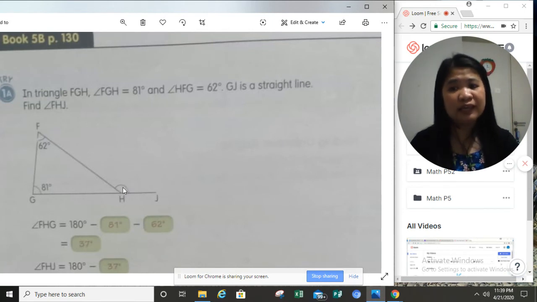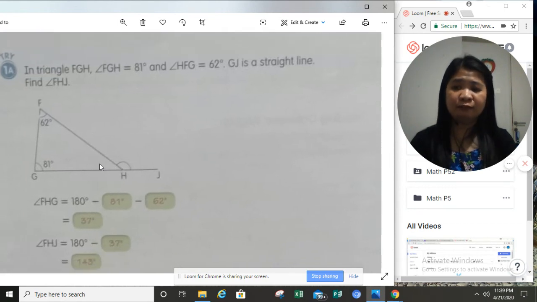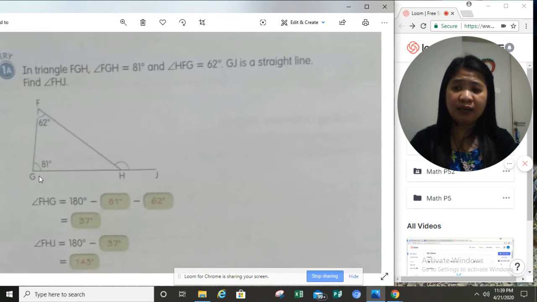FHJ is the angle that we need to find out. To find this angle, you have to first find the other angle here. Why? Because we have two given angles that will lead us to the answer. How do we find it? FHG is equal to 180, the total of the three angles of the triangle. So 180 minus 81 minus 62, the answer will be 37 degrees.